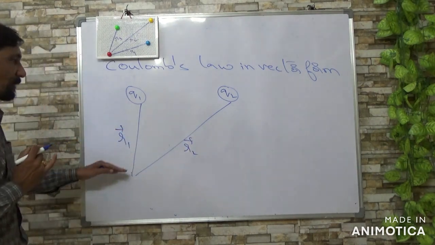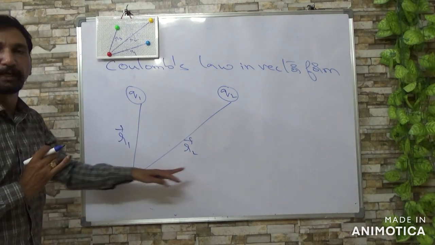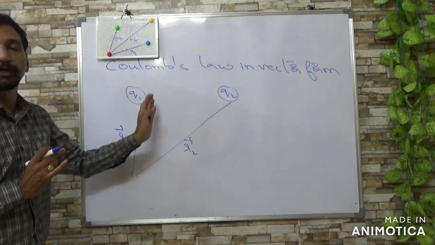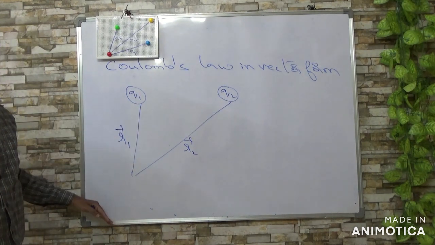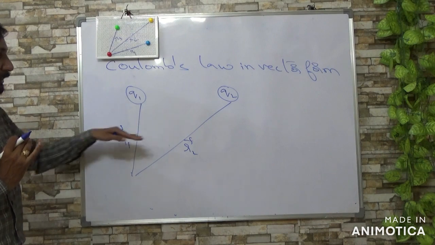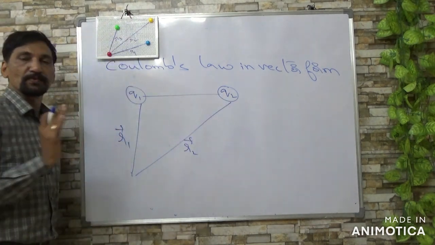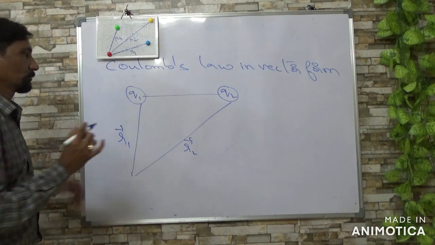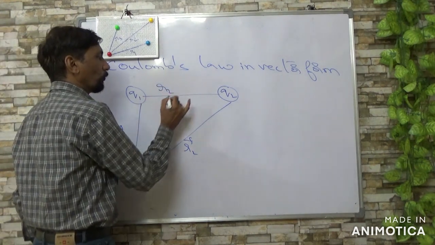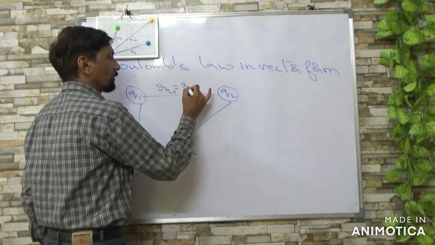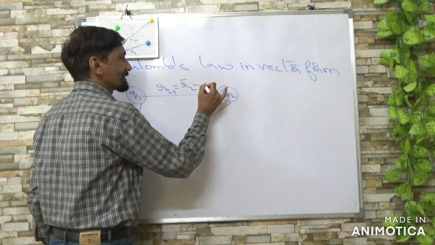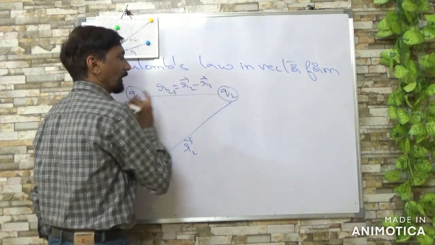Let us suppose there are two point charges, say q1 and q2, at distances from the origin, one at r1 and another at r2. In vector form, let us take r1 bar and r2 bar. So in the plane, two point charges q1 and q2 are located at r1 and r2. Then the distance of separation r21 is equal to r2 bar minus r1 bar.